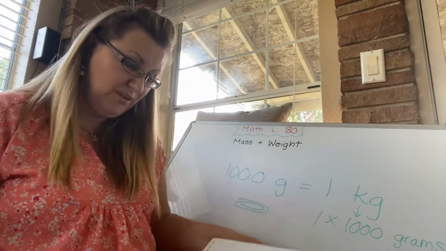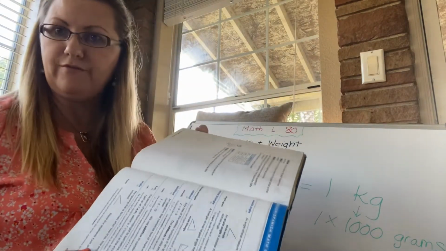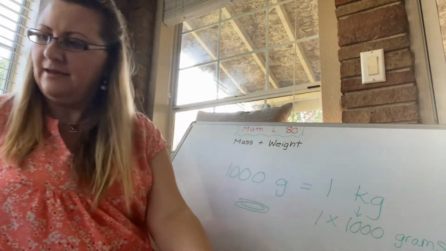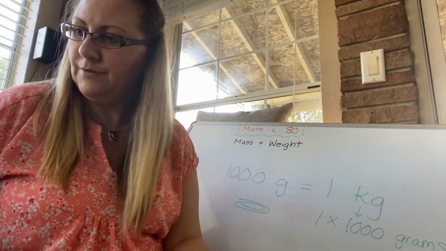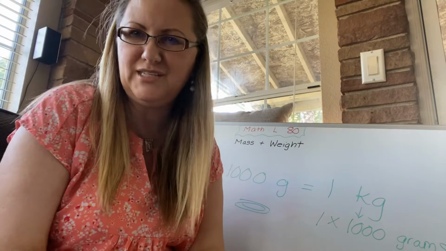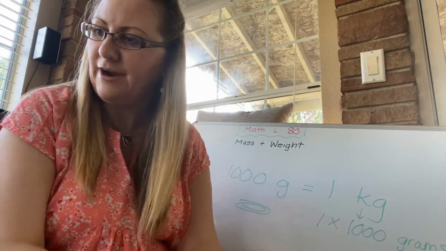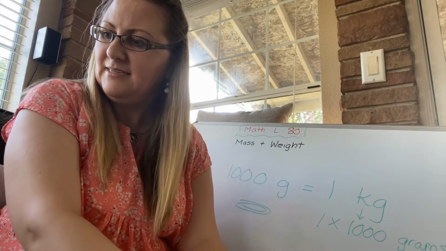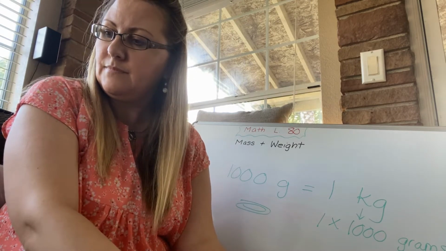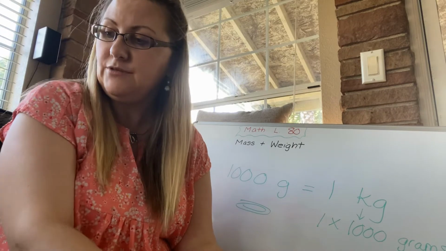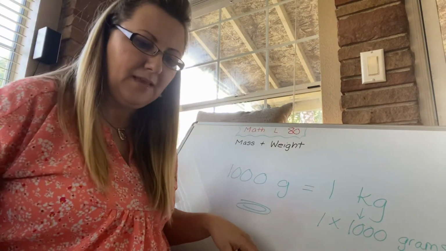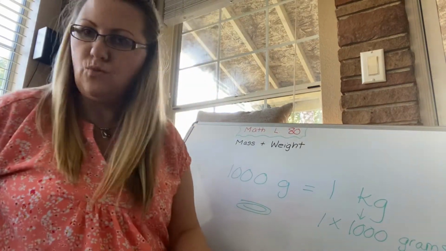But in volume 1, we have roughly just over 400 pages. So with 400 pages, each page is about the equivalent of a gram. Let me read it: a dollar bill has a mass of about 1 gram. This book has a mass of about 1 kilogram.